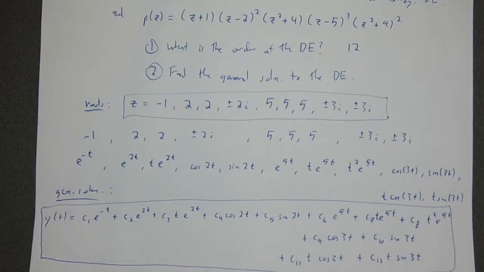Now, what this means is that for an order 13 equation that has p as its characteristic polynomial, right, so it has those roots as the roots of its characteristic polynomial, the most general form a solution could take to such a thing is this. Okay, that has 12 terms. So this is parameterized by 12 arbitrary constants.